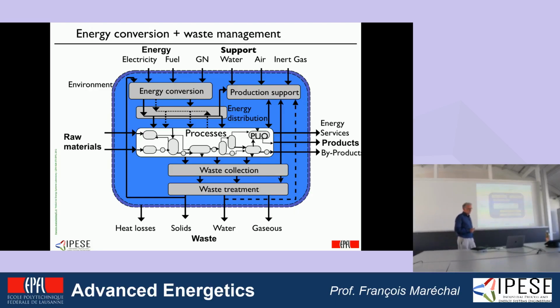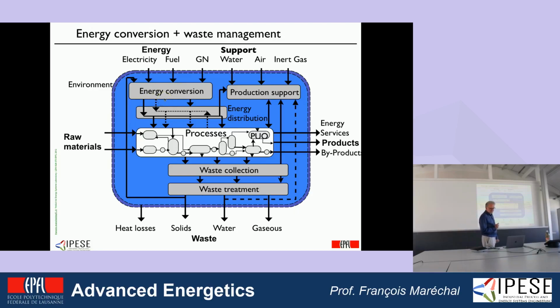Something which is important is to understand the energy conversion. So what does it mean, the energy conversion? In fact, it's like looking at the interface between the energy that we buy and the energy that we use inside the process. Okay? And I'm defining it. So it's really an interface because it can be via different ways, so different water or steam. It can also be via the waste collection and then perhaps the recycling inside.